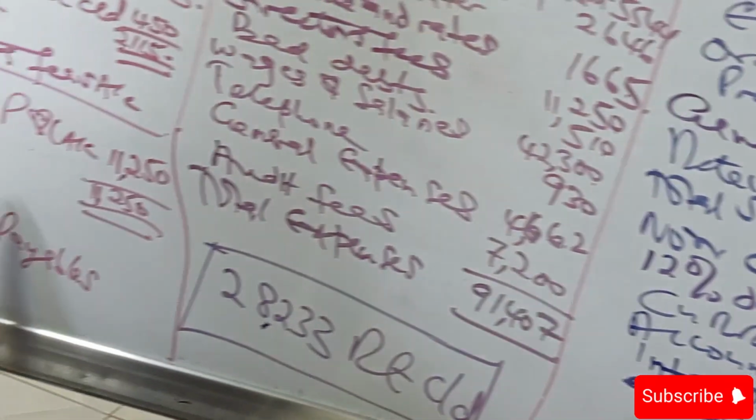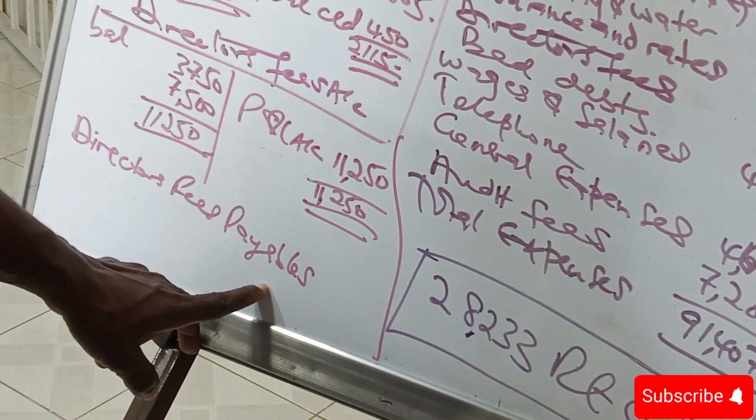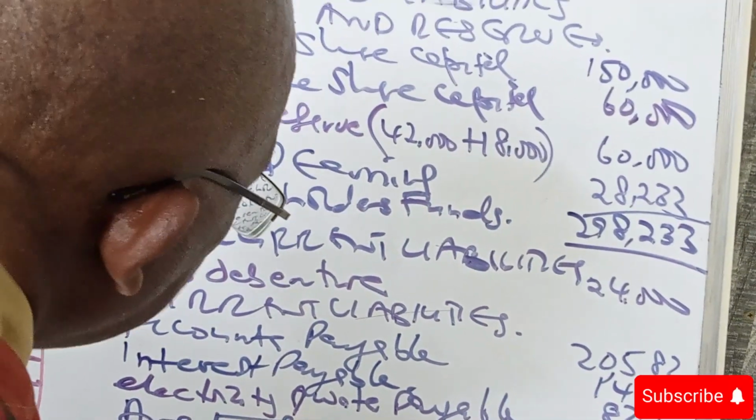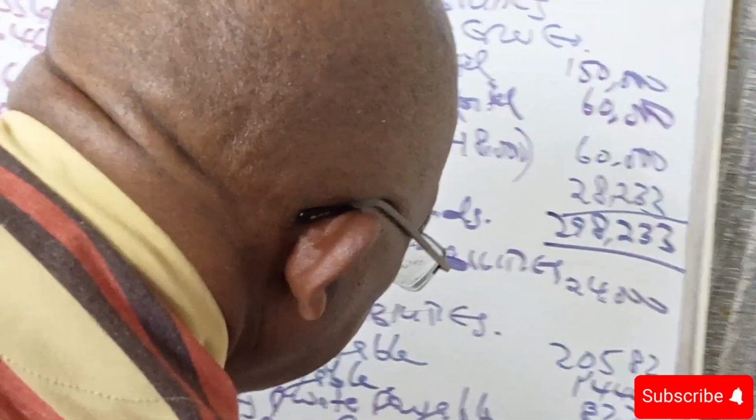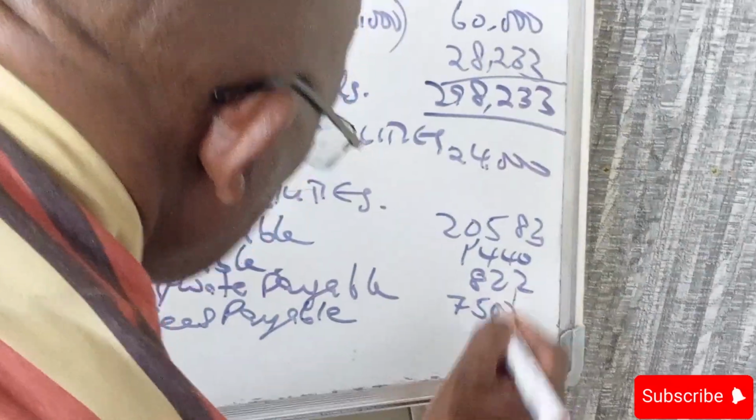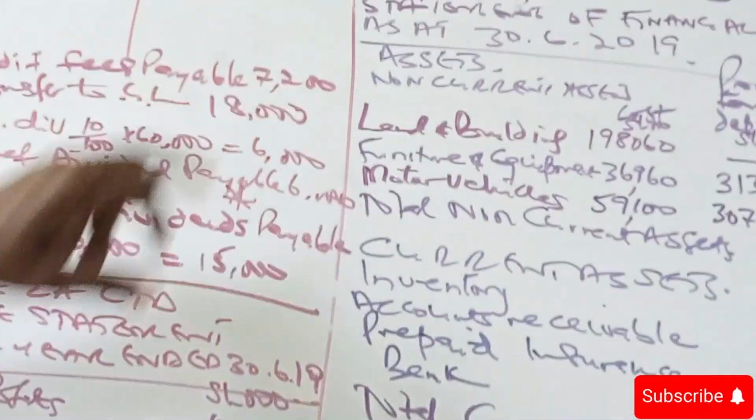Director's fees payable, 7,500. Then we have audit fees payable, 7,200.